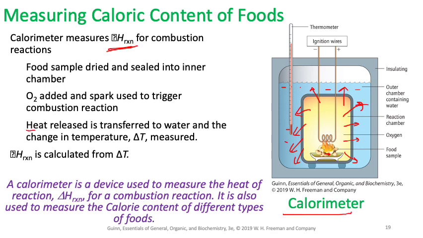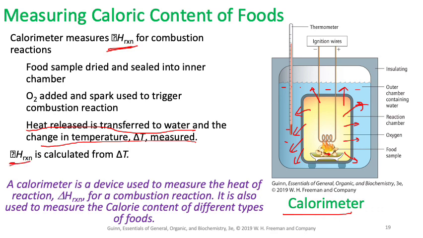So the amount of heat energy released, like I told you, is transferred to the water in the outermost compartment, and the change in the temperature is measured. What was the temperature before you ignited the food, and what's the temperature of the water after all the food sample has burned, right? Every bit of energy that it had, it already transferred to the water.